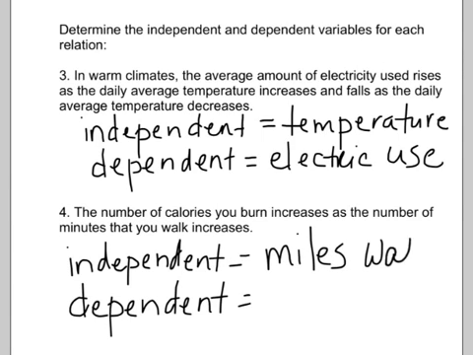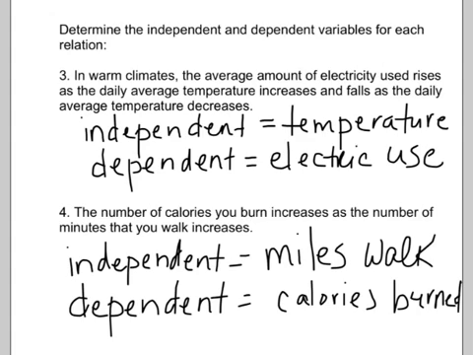Okay, my miles walked isn't dependent on how many calories I burn. It's the other way around. The more miles I walk, the more calories I burn. So my calories burned is dependent on how many miles that I walk. Okay? So that kind of helps you with those independent and dependent variables a little bit.